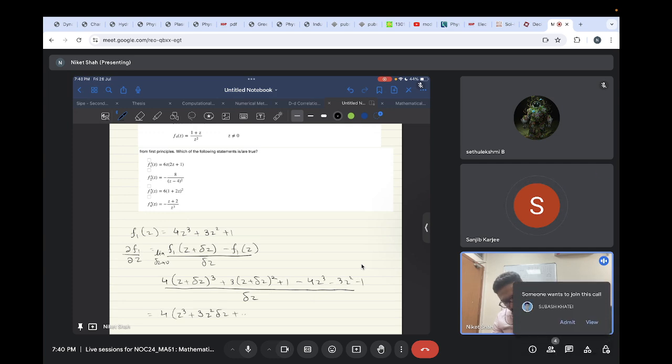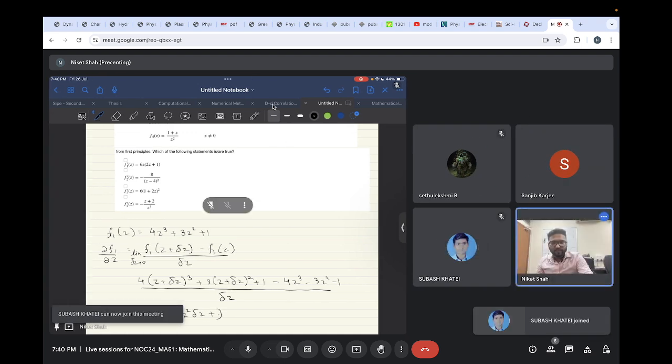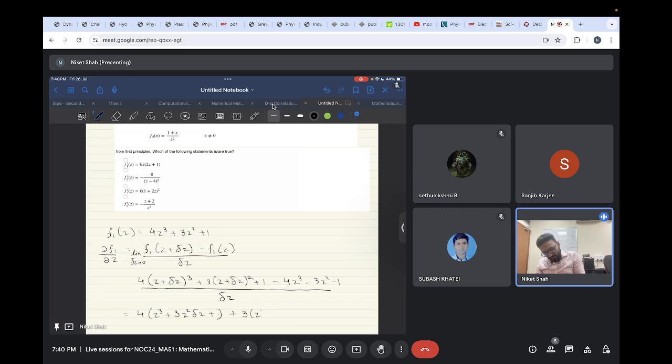And there are other terms which I'll be ignoring here. Plus 3 into z square plus 2z delta z, and ignore the del z square term. Plus 1 minus 4z cube minus 3z square minus 1.